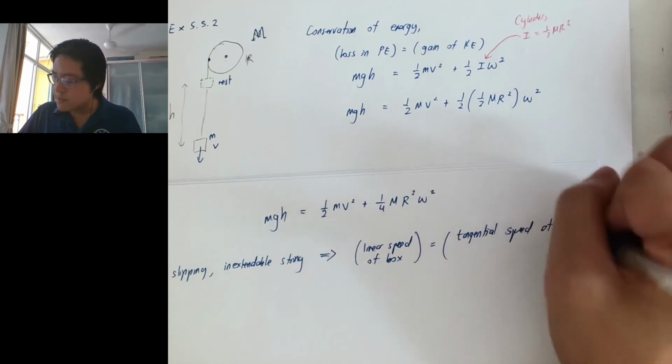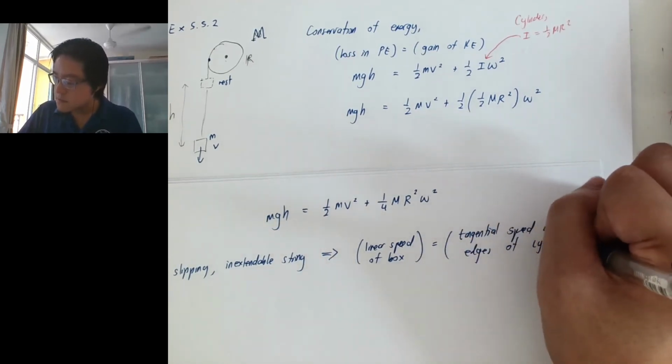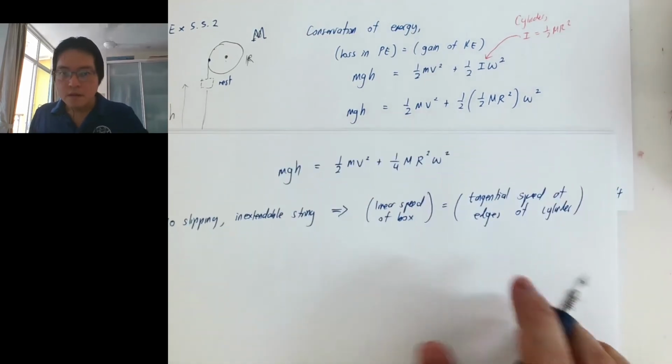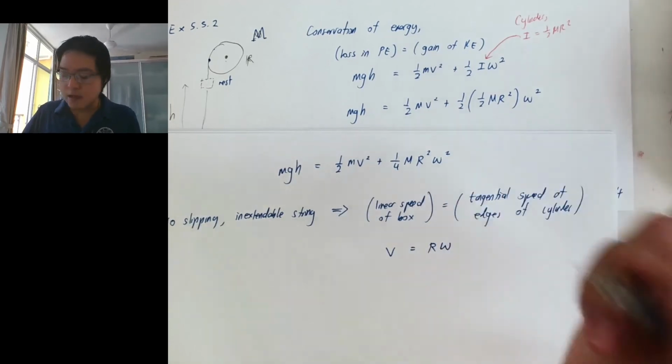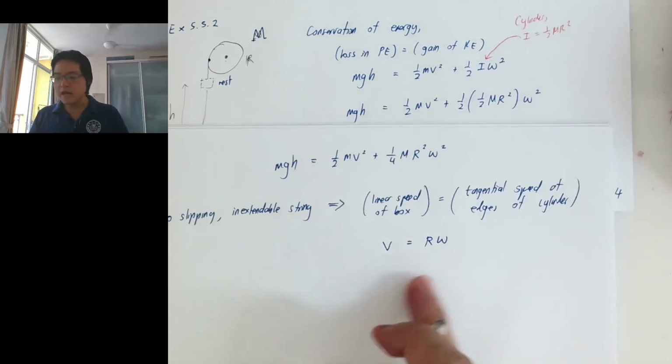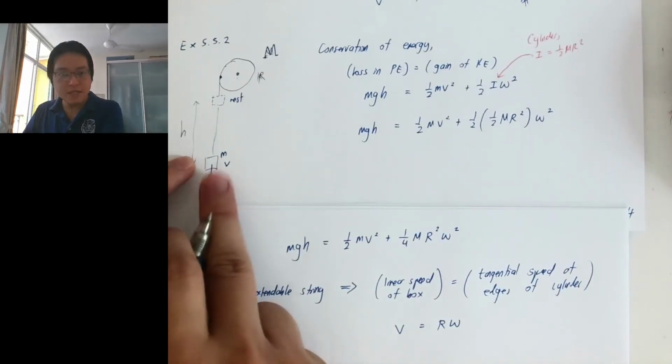So v is equal to R omega. R omega is how you find tangential speed, and v is this v, the speed of this box.